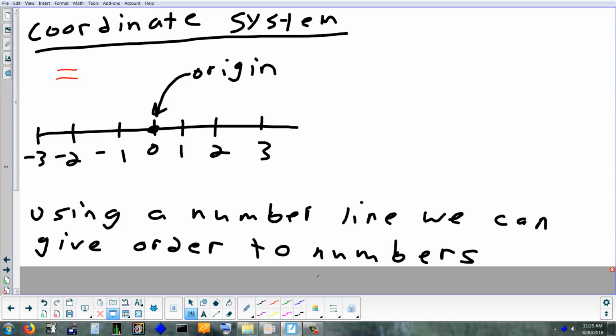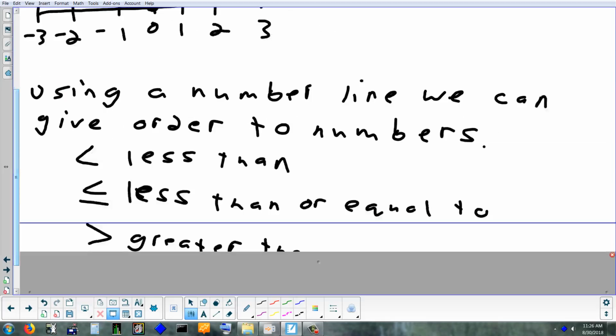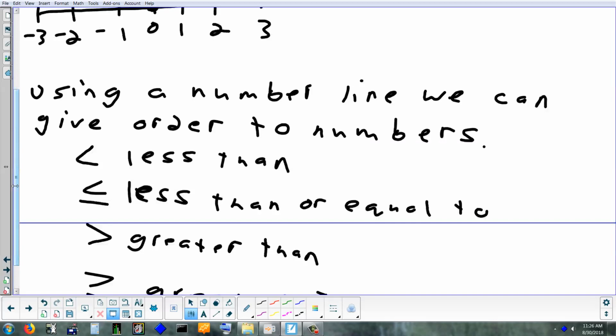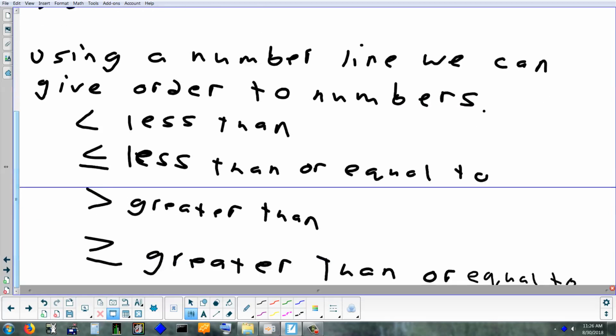So if we're comparing two numbers that are not equal to, we're using this kind of symbol. Does that help? Greater than, less than, greater than or equal to, less than or equal to. Yep, those are the 4 symbols, and those are called your what symbols? Inequality symbols. Yeah. So those 4 symbols are inequality symbols.